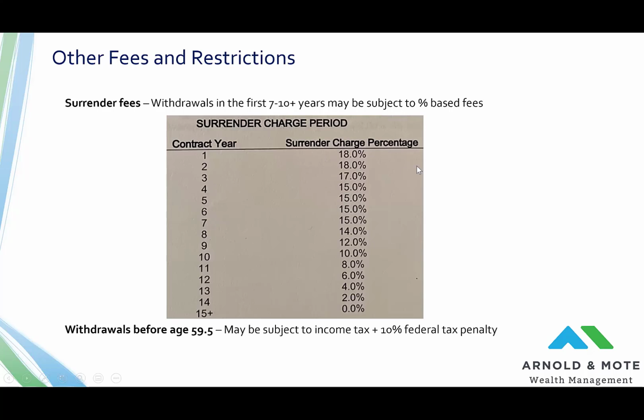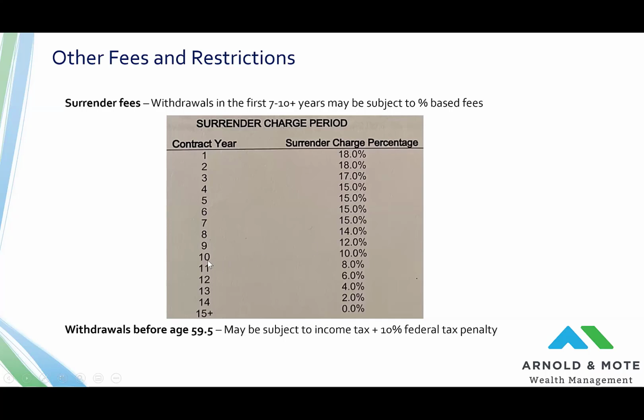And so, in our $100,000 example, let's say this person put in $100,000 into this annuity and 2 years later wanted to withdraw all that money, right? They figure out they need the money for something. They would pay an $18,000 fee on that $100,000 to get their money out in 2 years. Or at least 18,000. Hopefully it grew a little bit, so it might be more than 18,000.